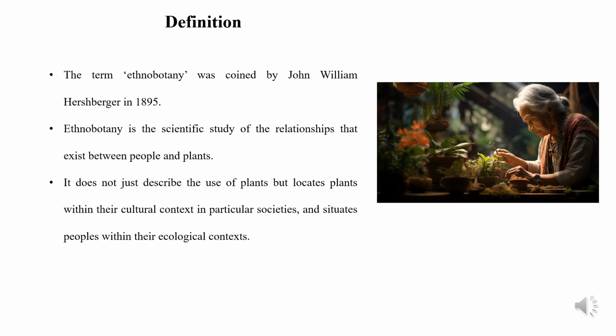An ethnobotanist may live for periods of time in the societies they study to observe all aspects of their lives. They may also examine ancient writings, pictures, pottery, and plant remains to learn about the agricultural practices and cultural development of prehistoric cultures.